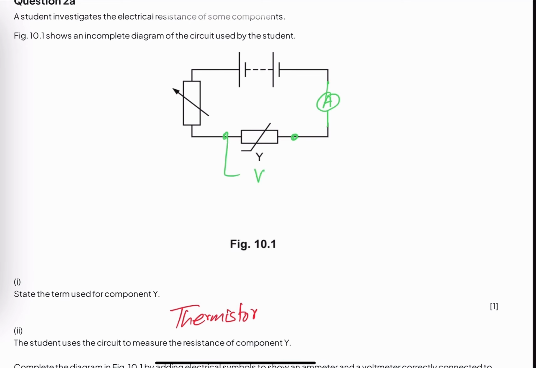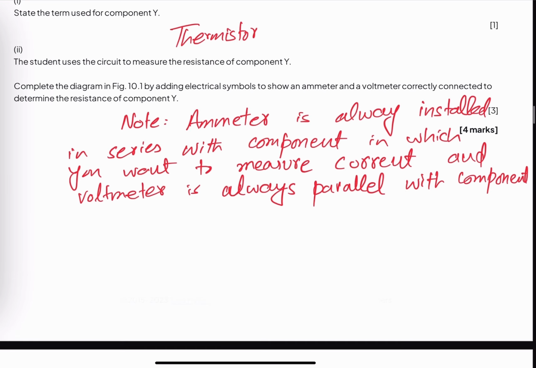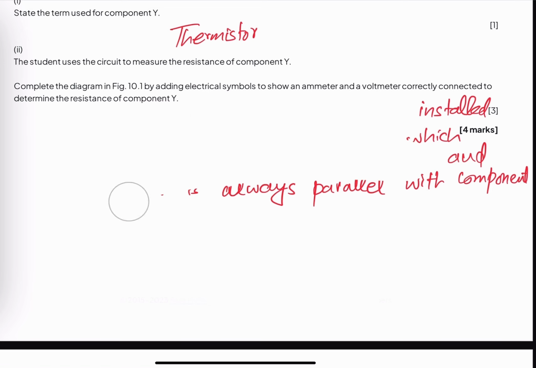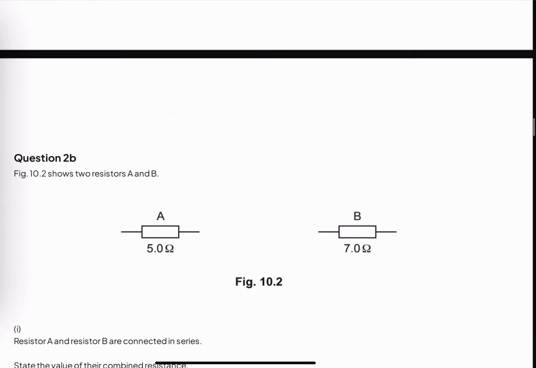It can be attached this way or this way. Both are right. So stick with one option. You can draw any one of them. So this is the diagram. You don't need to write this down, this is just for your help.